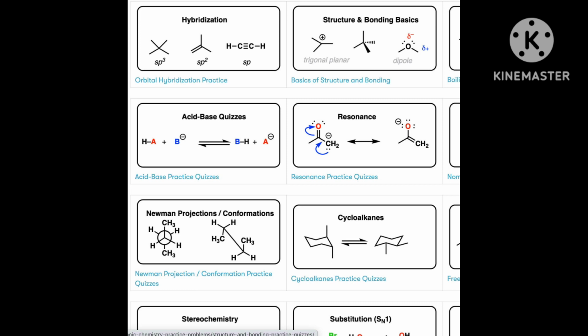In pi bond formation, parallel orientation of the 2p orbitals on adjacent atoms is necessary for a proper sidewise overlap.